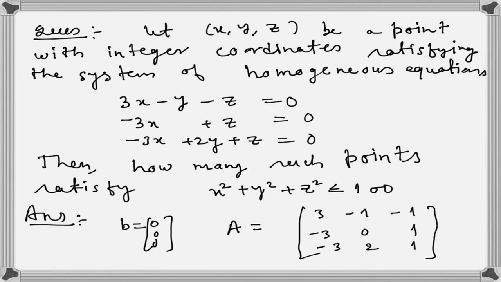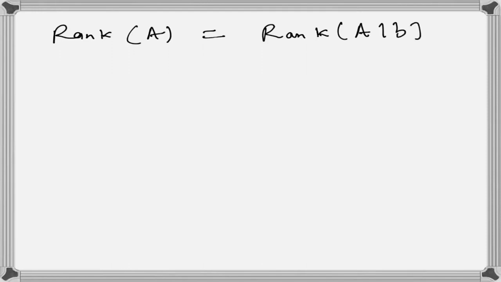So in this case, the rank of A is always equal to the rank of the augmented matrix AB. The reason is because B is the 0 vector.